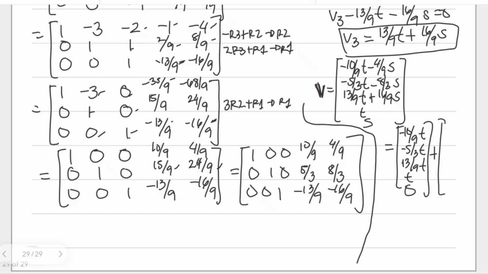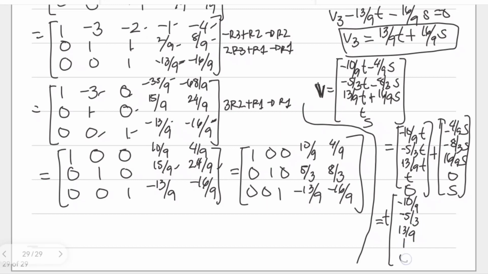Plus, for our S, negative 4/9 of S, negative 8/3 of S. We have 16/9 of S. We don't have S for V sub 4, so 0, and we have here S. And once we factor T here, you will have negative 10/9, negative 5/3, 13/9, 1 and 0. Next, for S, minus 4/9, minus 8/3, 16/9, 0, and then 1.